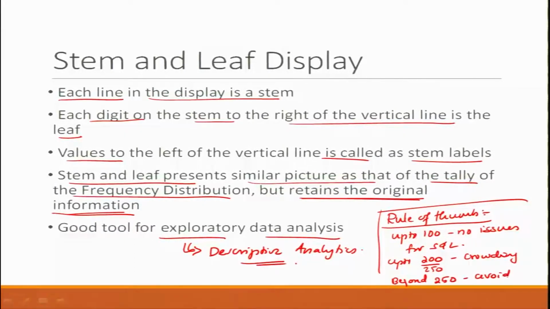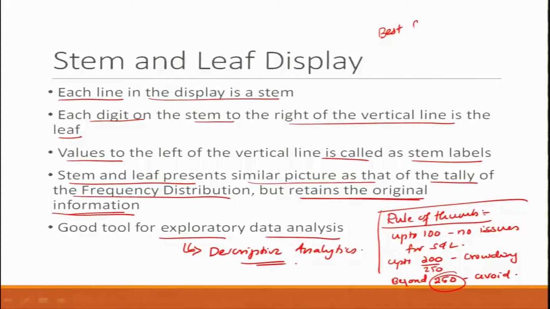Okay. So, up to 200 or 250 data points you can think about making stem and leaf, but beyond 250 data points avoid using stem and leaf, because it will just defeat the purpose, the data will look so crowded that you would not be able to make any proper identification out of that data.